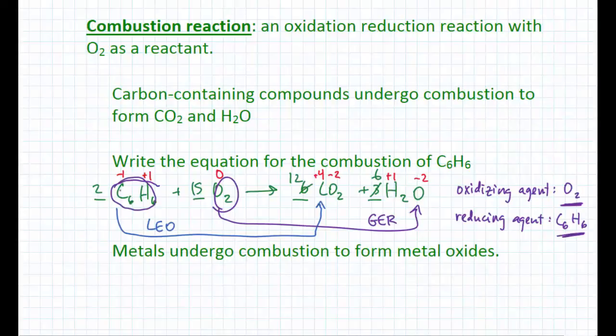Okay? So that's where the term oxidizing comes from. Oxygen itself gets reduced, but oxygen is an oxidizing agent. When something is exposed to oxygen, it gets oxidized. So the oxidation of C6H6 was helped along by the oxygen.